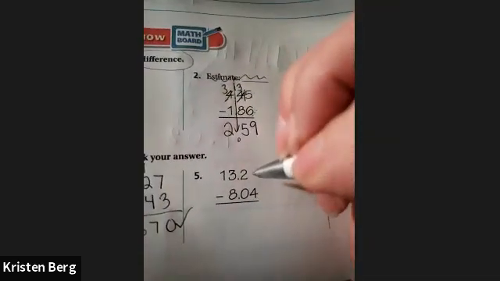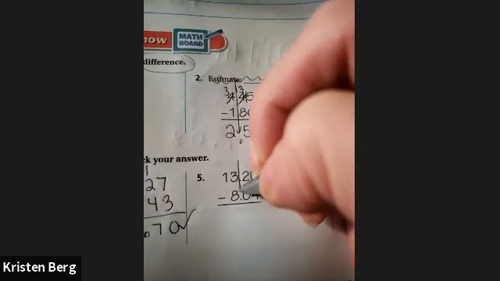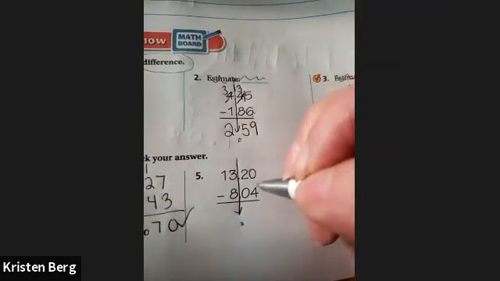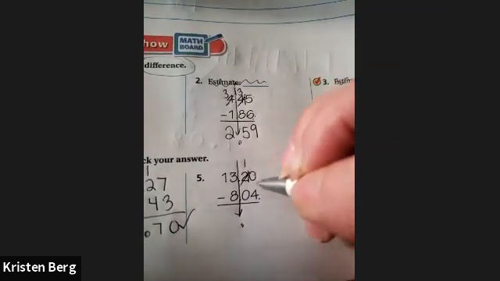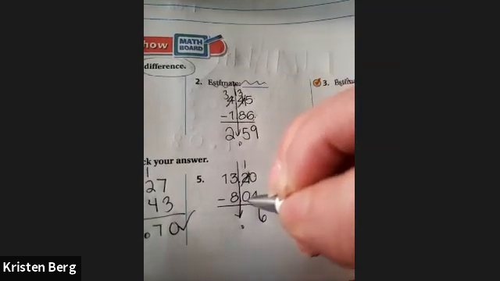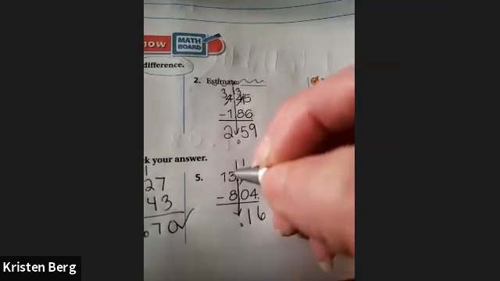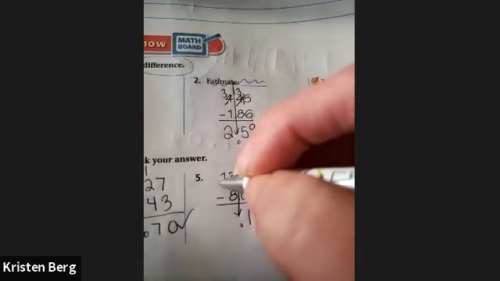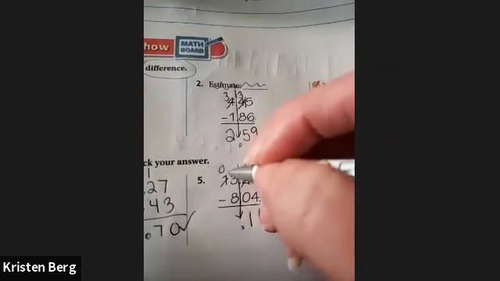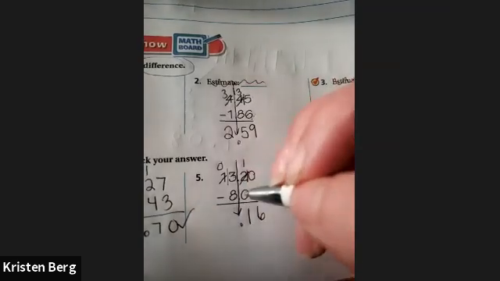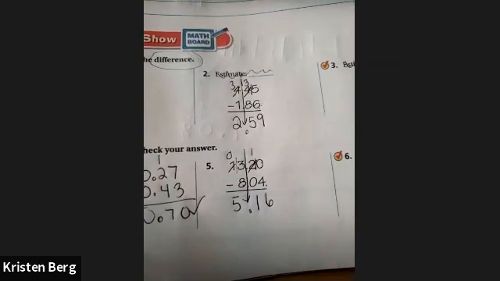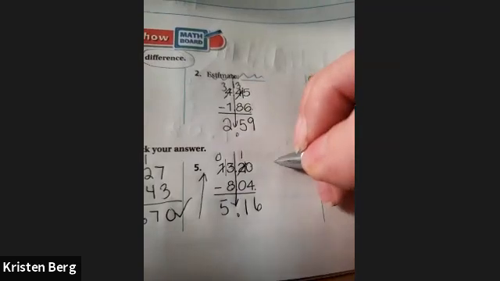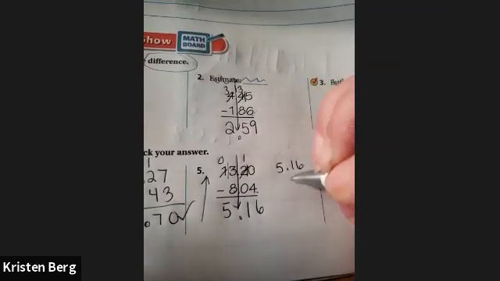All right, next, you should have put a placeholder down, bring down your decimal. Can I have 0 and give away 4? No, I may not. So now I got to come over and borrow. 10 minus 4 is 6. 1 minus 0 is 1. Then 3 minus 8. I don't have enough, so I'm going to come over and borrow. Then 13 minus 8 is 5. And then I have to check it by, again, working backwards. So it means 5 and 16 hundredths.